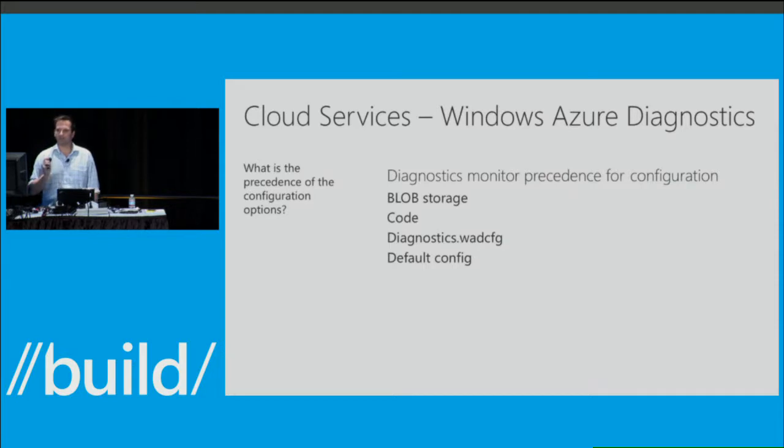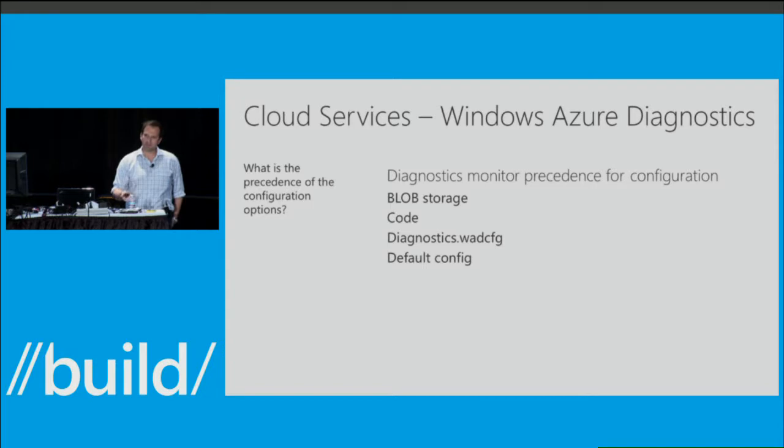All right, that's basically summarizing what I just said. On precedence, the diagnostics agent always looks first into the blob storage in that VAT control container. If there's nothing in there, it goes to the next. Some of you probably have written code in the role entry point in the OnStart method to initialize the diagnostics monitor. That's one way. Then it uses that configuration.